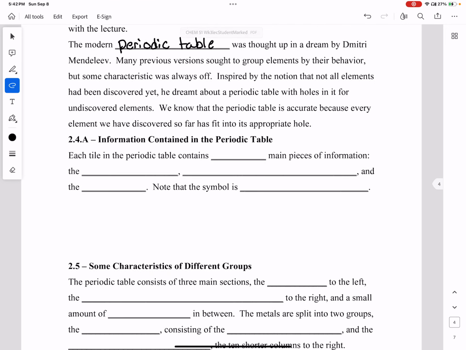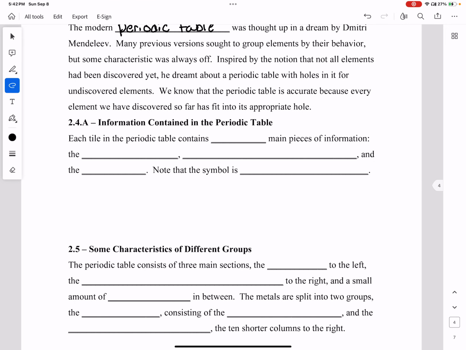Okay, so what information does the periodic table contain? It contains three major relevant pieces of information. It contains more than that, but we're going to look at these three at first. So it gives us the atomic number. We always want to be able to know that. It gives us the average atomic mass.